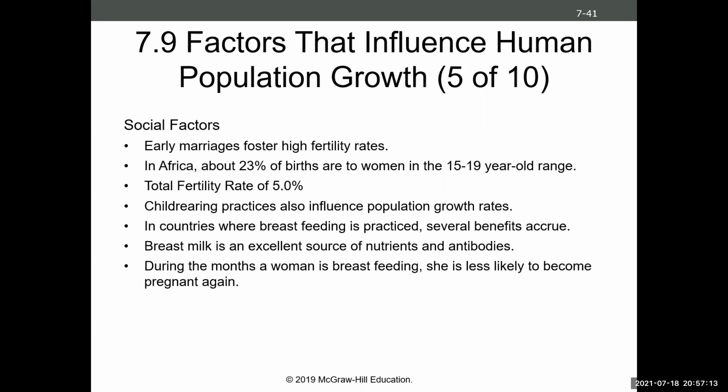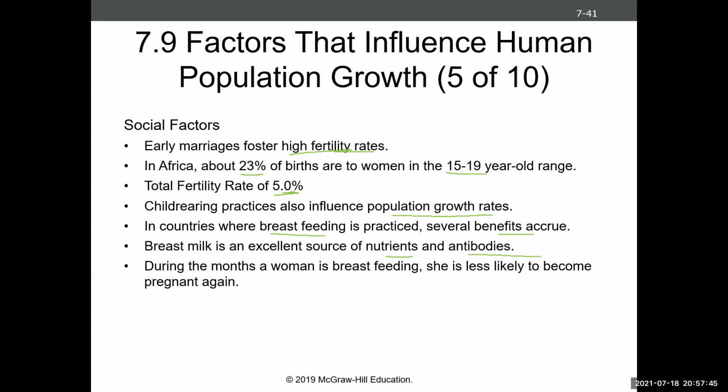And so, early marriages have higher fertility rates. For example, in Africa, 23% of births are in the teen range. And so the total fertility rate, about 5%. Practices of child rearing influence population growth rates. So if, for example, a population is big on breastfeeding, there's a lot of benefits that come from that.